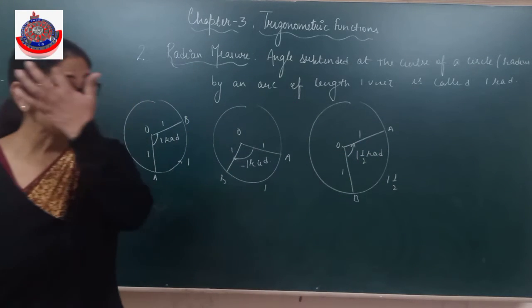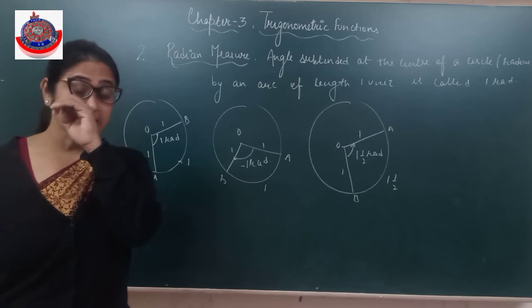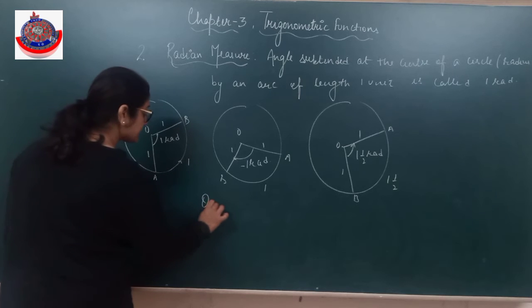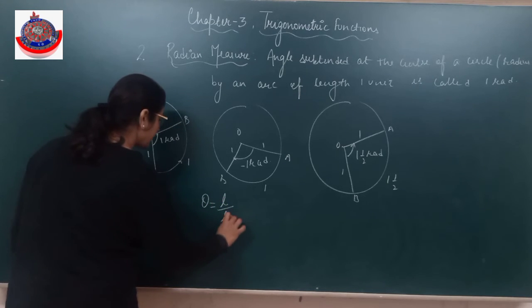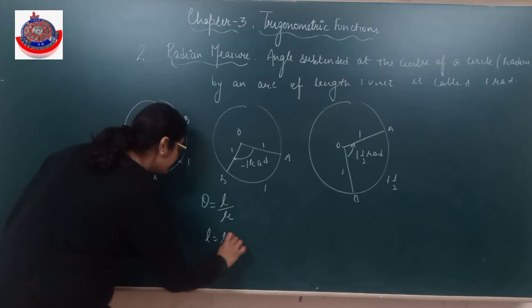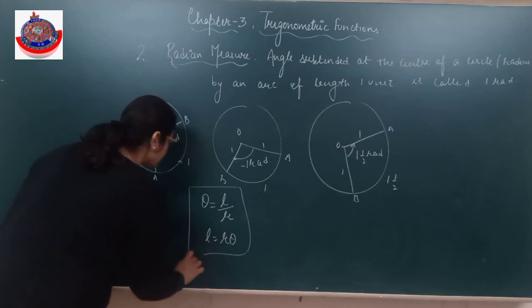That means the central angle is proportional to the length of the arc and the radius. So the angle at the center is in the ratio with L and R. That means we get a formula from here, L is equal to R theta.